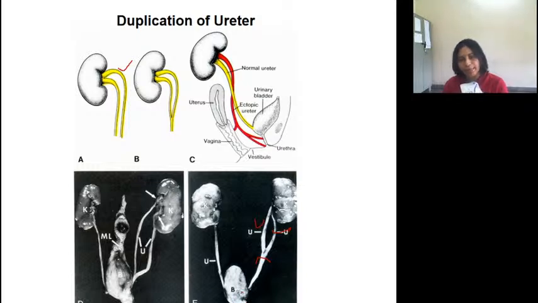Or sometimes these ureteric buds may go into other structures like the vagina or the urethra. So when there are abnormalities of the formation of the ureteric bud, then we see all these kinds of abnormalities.